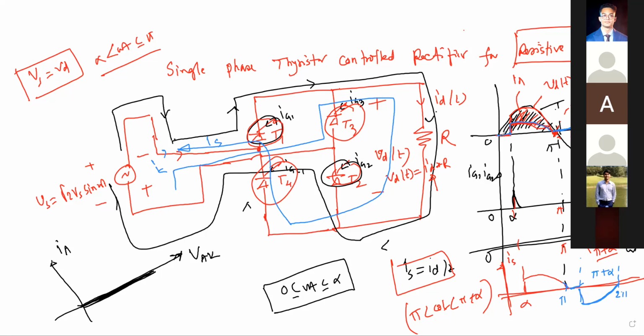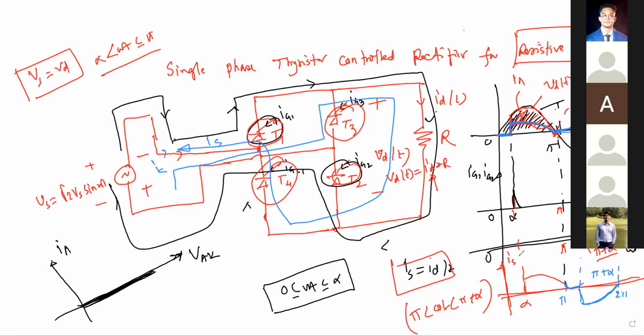So do you know the definition of continuous and discontinuous? Sanjida, did you join? Yes, sir. So what type of current is it? Discontinuous. Because if the current falls to 0 and remains 0 for some time, it is discontinuous. So for the resistive load, we see that it is a discontinuous current.